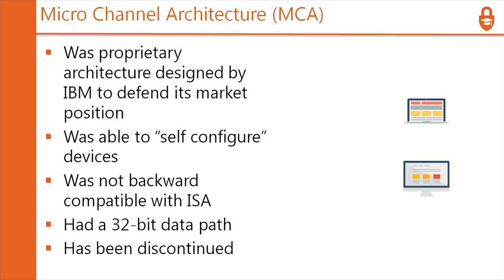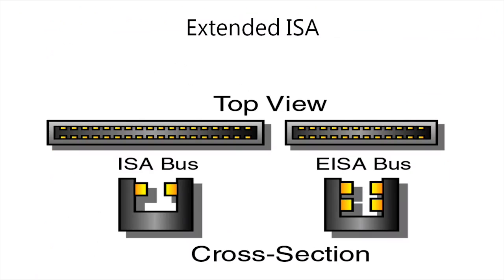So they said, we're going to make a microchannel architecture that nobody else can use, which was a big mistake, right? But it was able to self-configure devices. That's pretty cool because you just put it in there and it configures itself. It was not backwards compatible with ISA, had a 32-bit data path, and has long since been discontinued, right? Obviously, because everything has to play nice together today.